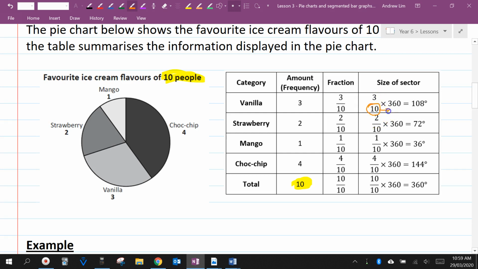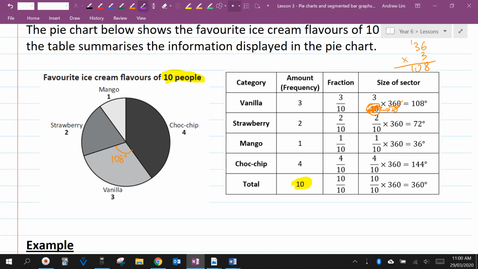We can shift that across to underneath this one instead. And 360 divided by 10 is 36. So technically we can do 36 times 3, which is 108. That means the size of the sector for vanilla is 108 degrees.